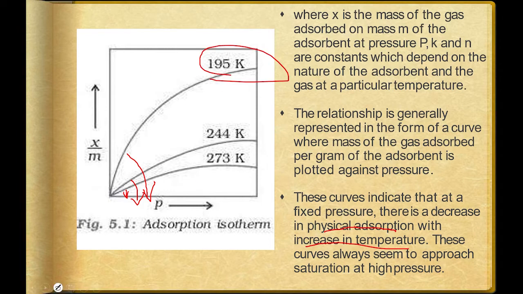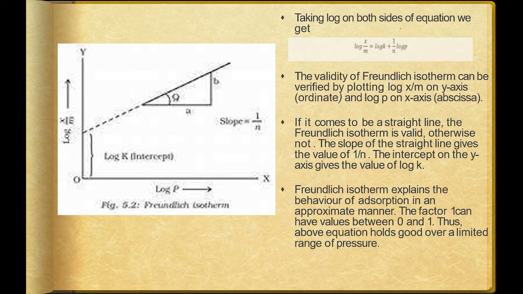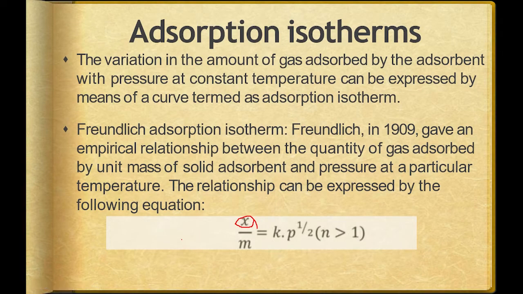Okay, now let's move on. Taking log on both sides of the equation. What was your original equation? x by m equals k p to the power 1 by n, where n is greater than 1.